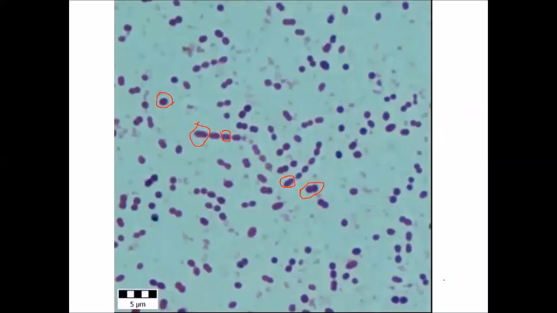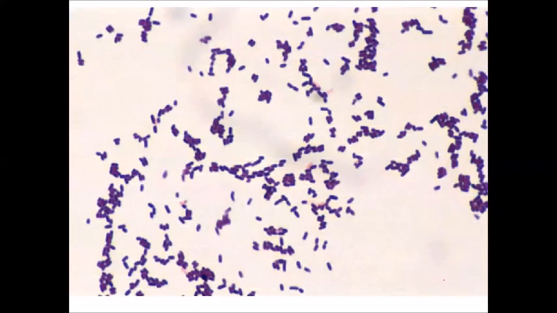So let's see what the CSF shows us. It's gram-positive bacilli, and sometimes cocci. So gram-positive, mainly bacilli, really, sometimes cocci.